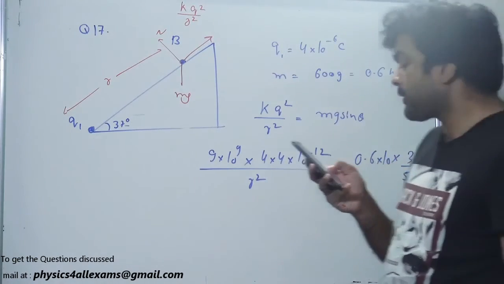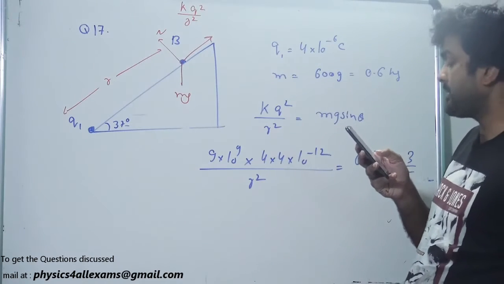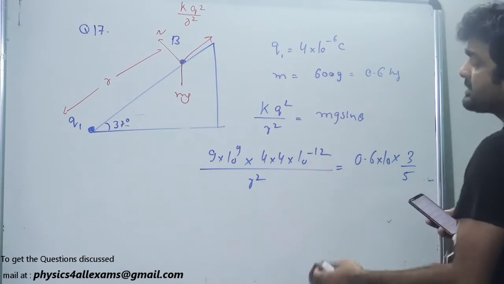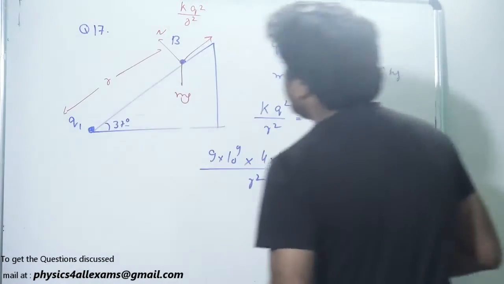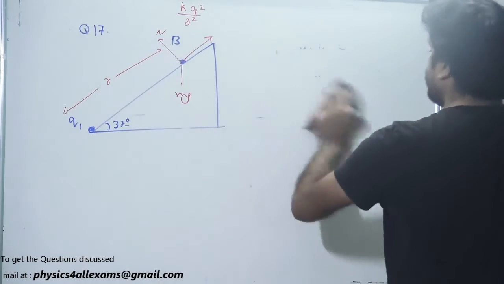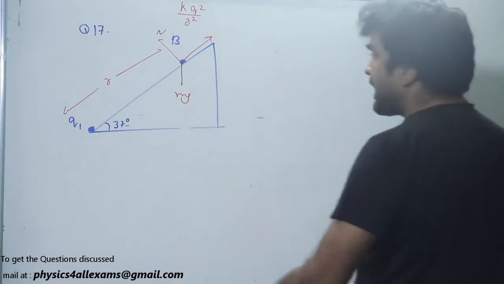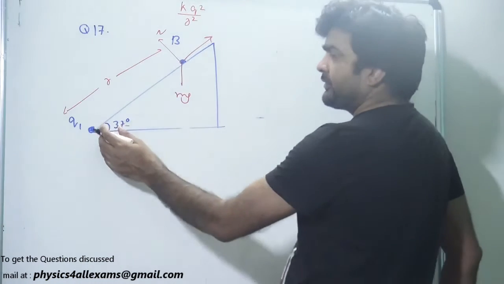The second part of the question is: if B is replaced by a negative point charge of same mass and same amount of charge. If instead we place on B a charge of same magnitude but negative sign, what will happen? This charge A is fixed.